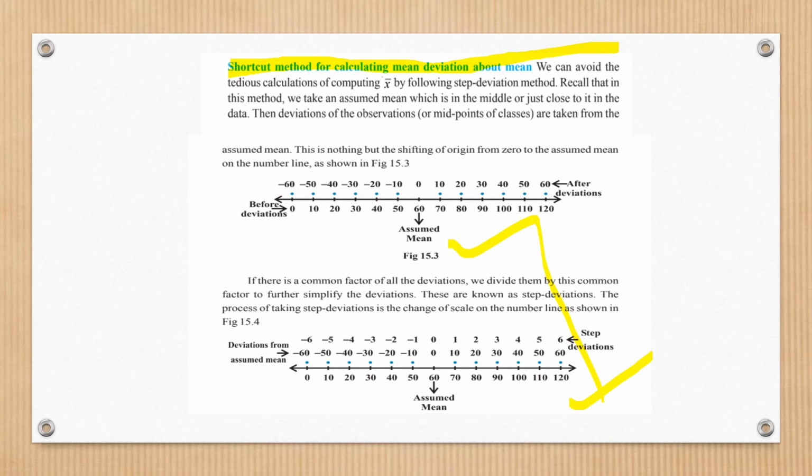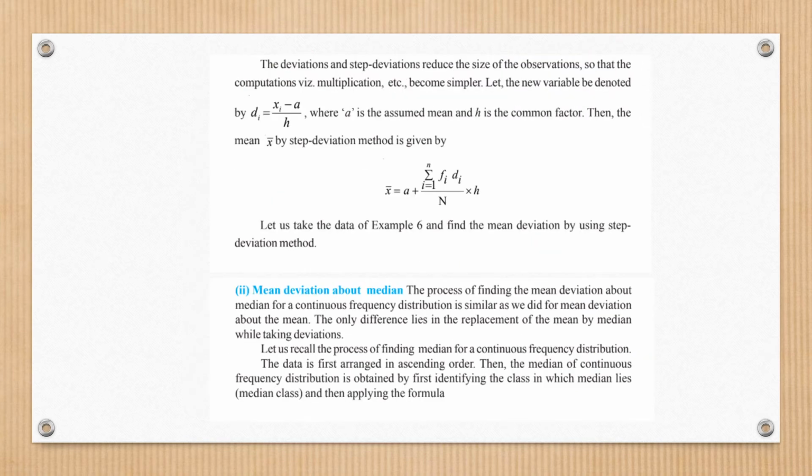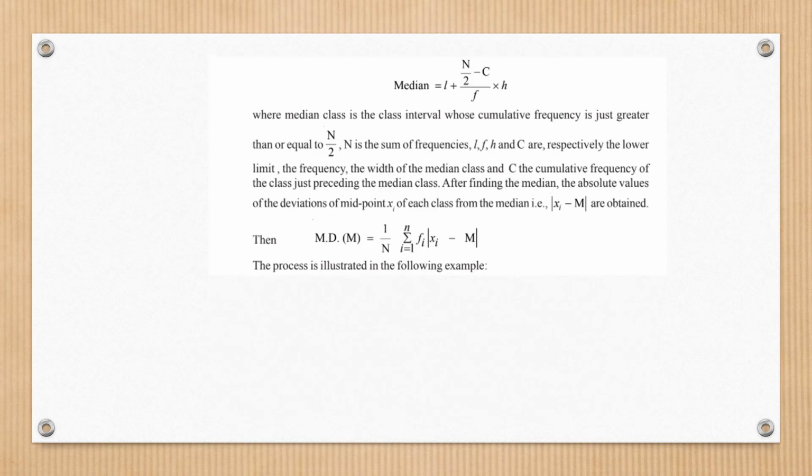This is the step deviation method, where di is equal to xi minus a upon h, and the mean is summation fi di upon n into h, plus a. Mean deviation about median we calculate using the formula L plus n by 2 minus CF upon F into h. Then mean deviation can be calculated, just using M instead of x bar.